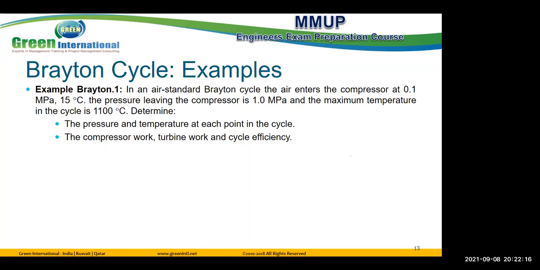Read the question, please. Here, an air standard Brayton cycle: the air enters the compressor at 0.1 megapascal and 15 Celsius.